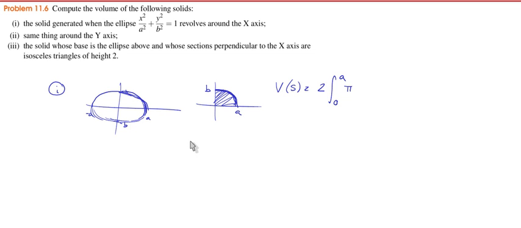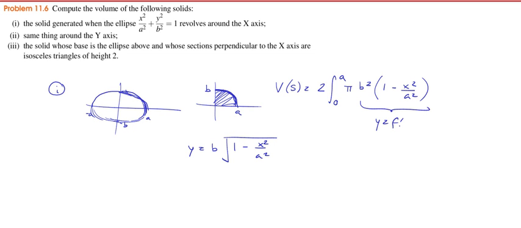We can solve for y: y is equal to b times the square root of 1 minus x squared over a squared. So we need b squared times 1 minus x squared over a squared, where y equals f of x is our curve.